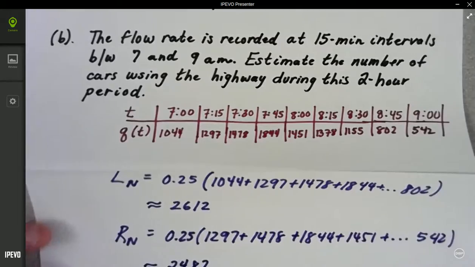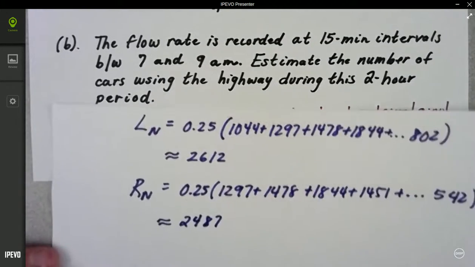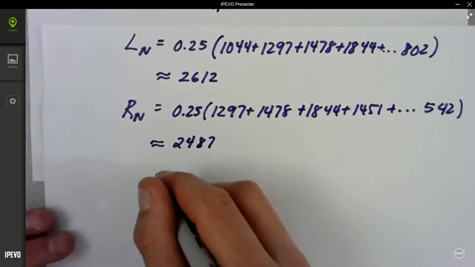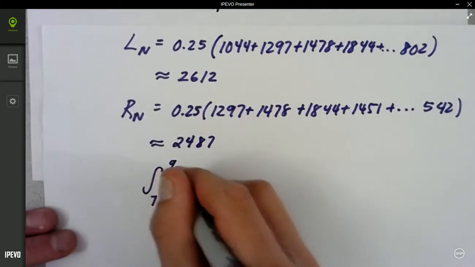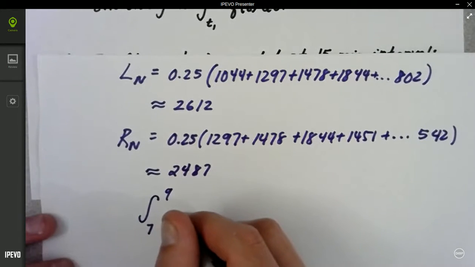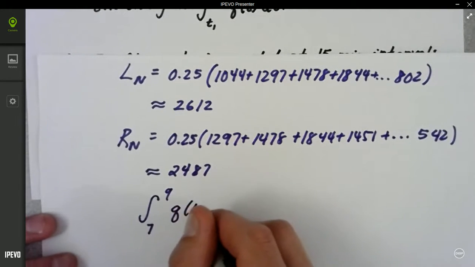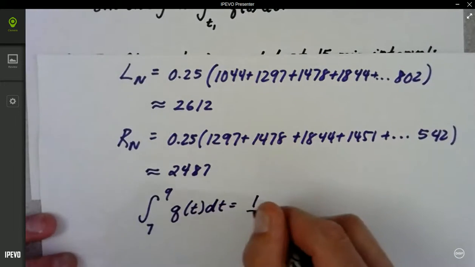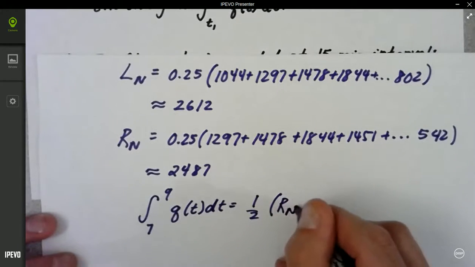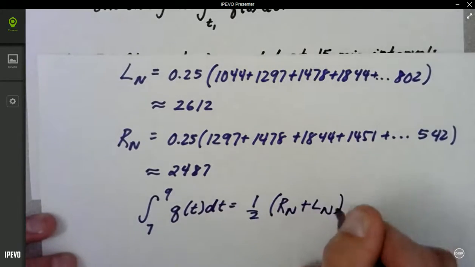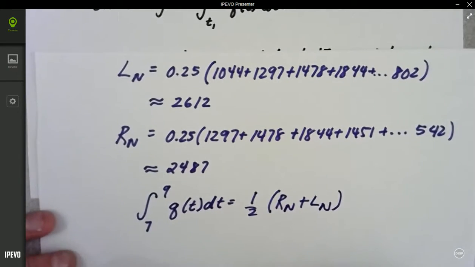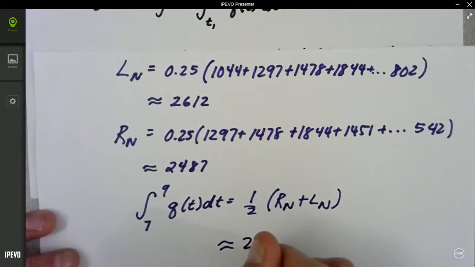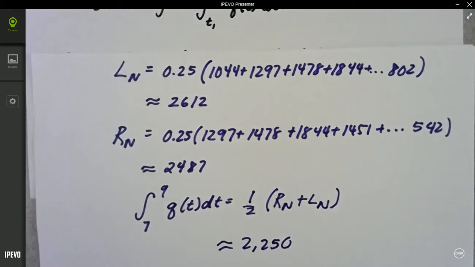You can now estimate the value by taking the integral from 7 to 9 of q of t dt, which equals 1/2 of the right Riemann sum plus the left Riemann sum, approximately 2,250. That's how many cars went on the highway between 7 and 9 a.m.